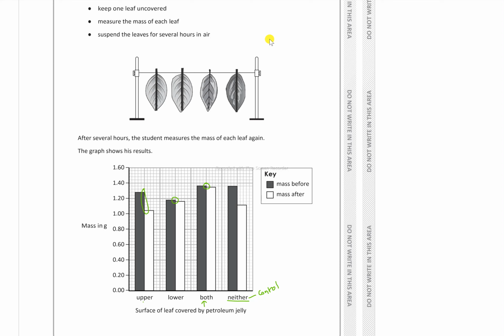So little to no, well, according to this, there's no stomata at the bottom. And this should give about 6. Okay, that's fine.